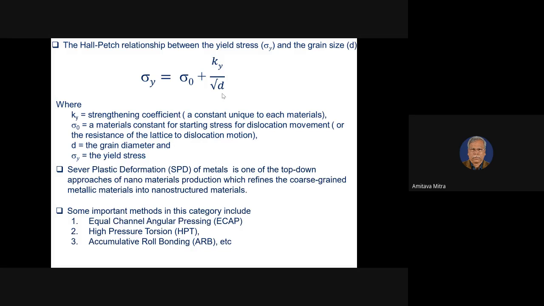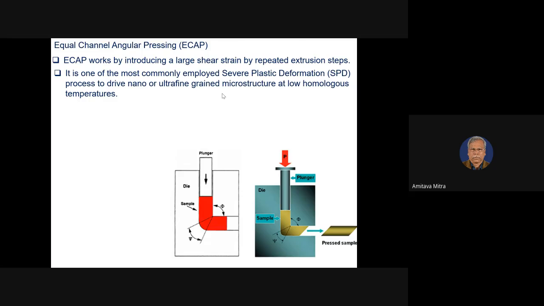These three are very popular for the materials engineer: equal channel angular pressing, high pressure torsion, and accumulative roll bonding, ARB. What is this equal channel angular pressing?